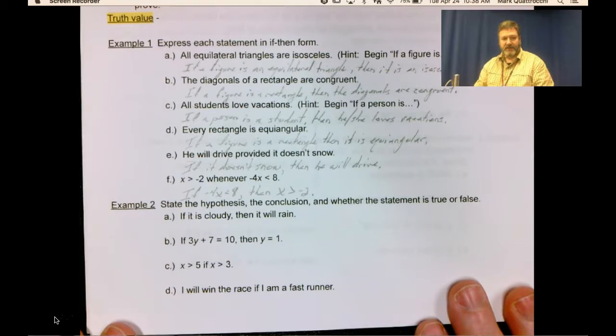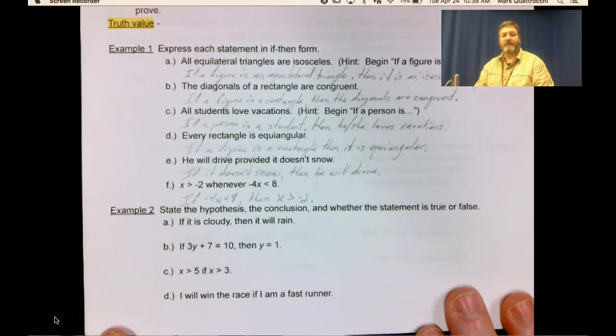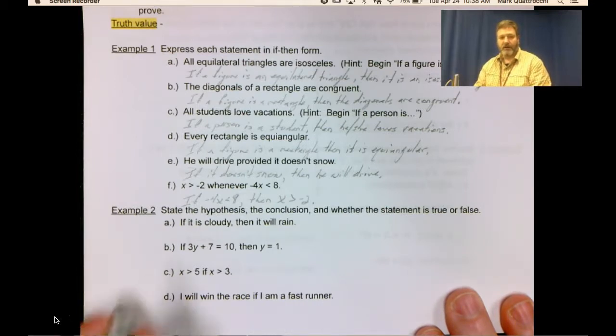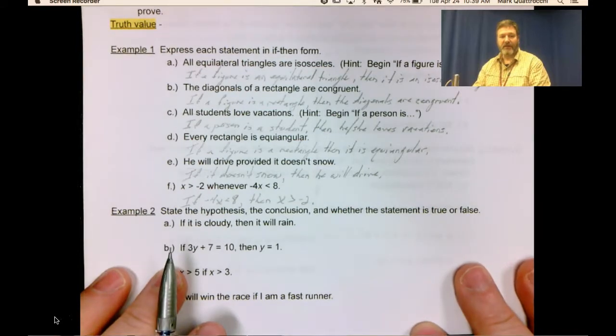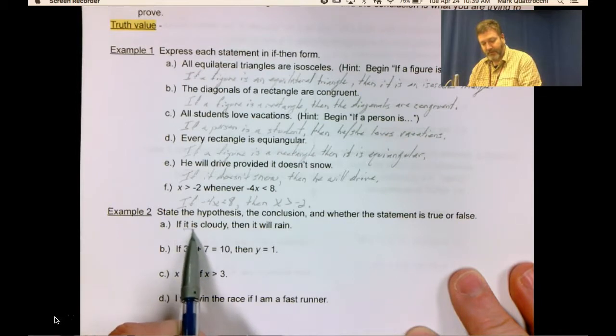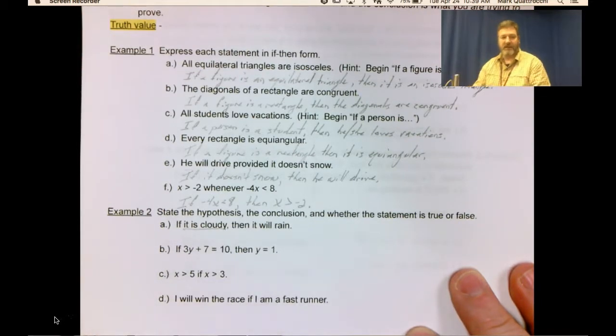State the hypothesis, the conclusion, and whether the statement is true or false. I'm going to save a little time. I'm just going to do a single underline underneath the hypothesis and a double underline underneath the conclusion instead of rewriting them all. If it is cloudy, then it will rain. The hypothesis: it is cloudy.